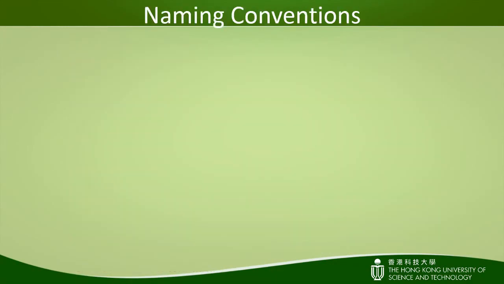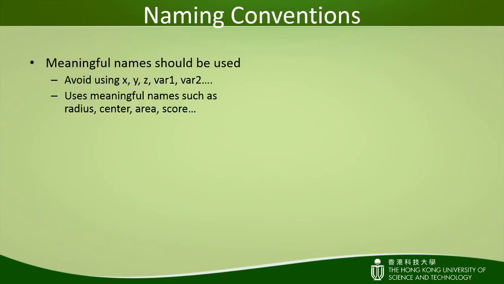Different programmers may follow different programming styles, but there are certain commonly used styles that could improve the readability of your program, that is, make it easier for others to understand your program. Here are some naming conventions for Java identifiers. It is important that meaningful names should be used.